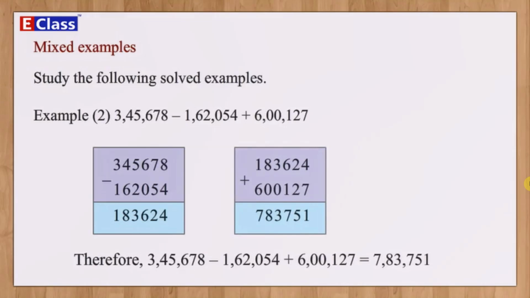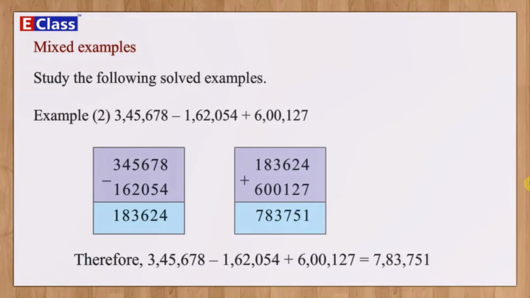In these examples, both the operations, addition and subtraction, have to be done. They are done in the order in which they are given. In actual cases, we need to consider the specific problem to decide which operation must be done first.